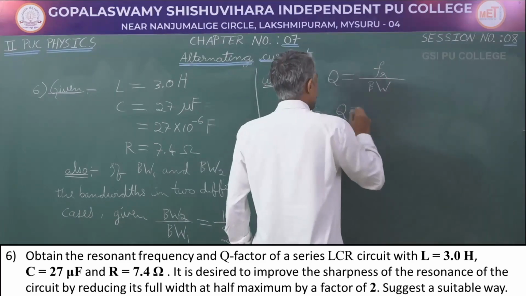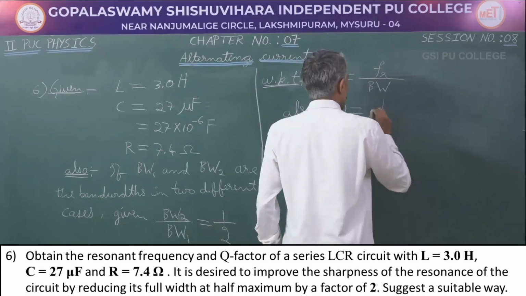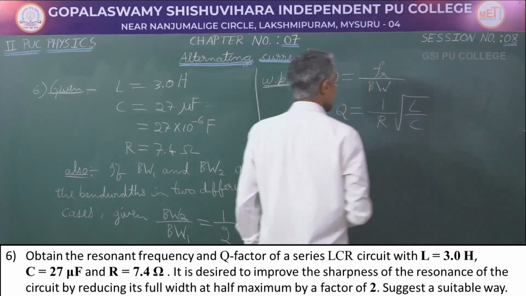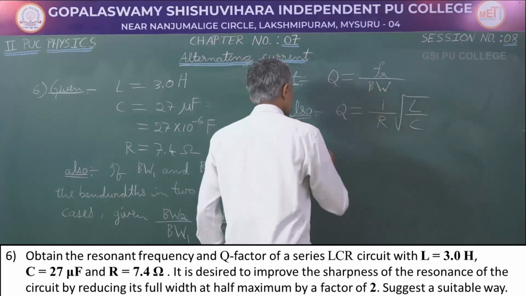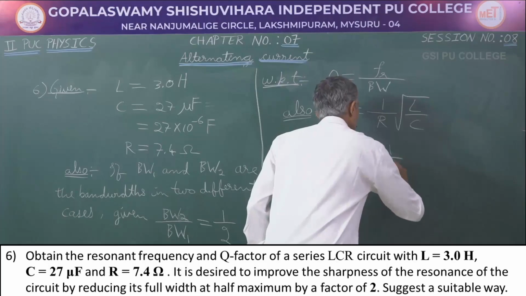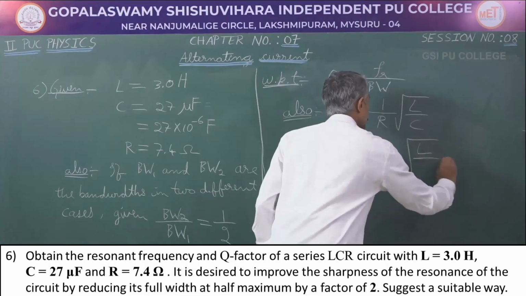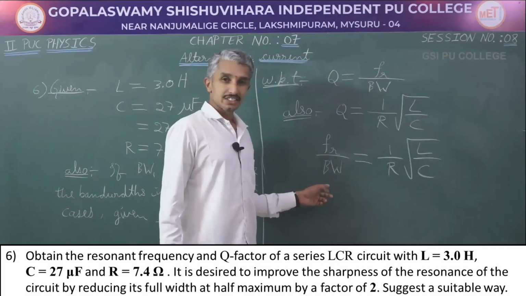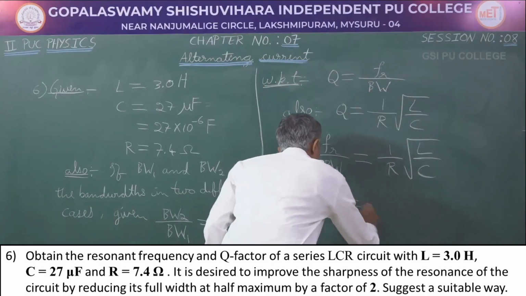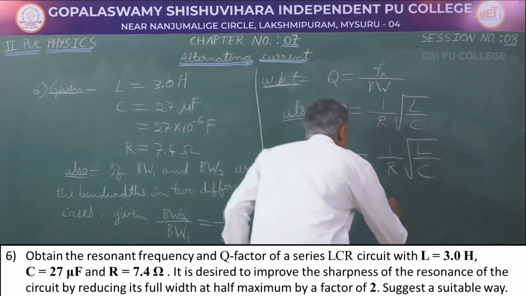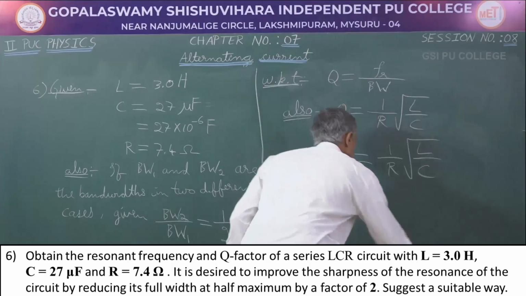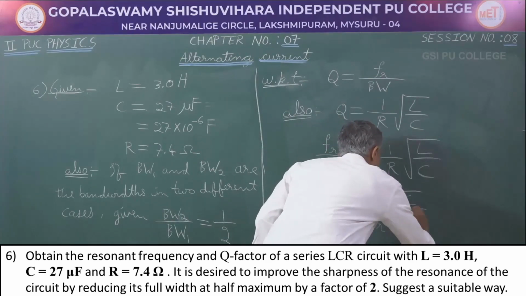Also, quality factor is given by 1 by R into root of L by C. If you equate these two, you will find that resonant frequency by bandwidth is equal to 1 by R into root of L by C. So, if you rearrange this, you will get bandwidth is equal to R, the resistance, by resonant frequency into root of C by L.